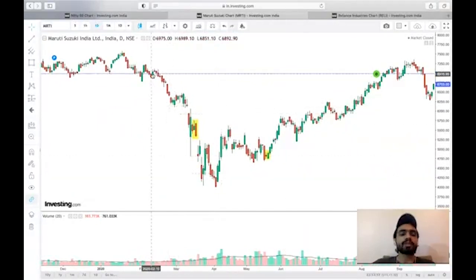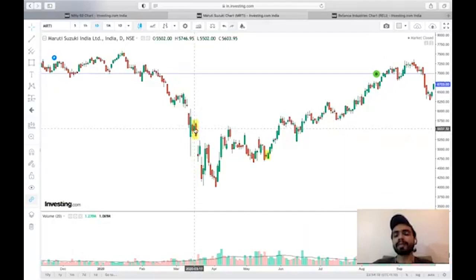Now let's talk about this example over here. Now this looks like what, your bearish engulfing. The red is completely engulfing your green candle. But is this actually your bearish engulfing? Give it a thought. No, this is not my bearish engulfing. Why?